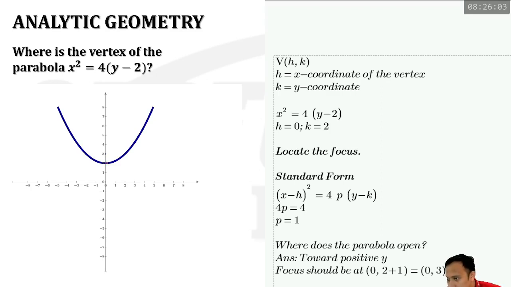It opens upward. Ito yung vertex, then the focus is at (0, 3). Even though the question is as easy as that, locate the focus, maraming nagkakamali. Even though yung vertex is at the origin lang, witnessed many instances na kamali yung mga student.